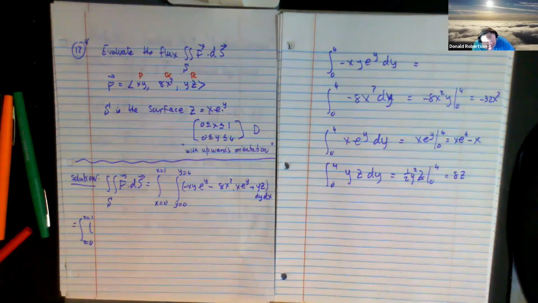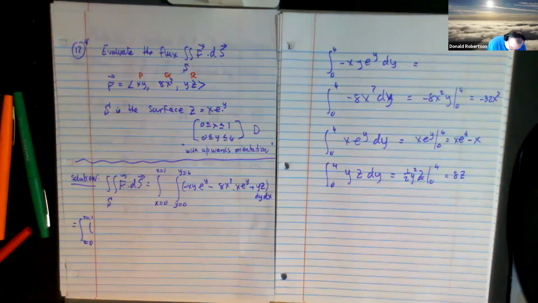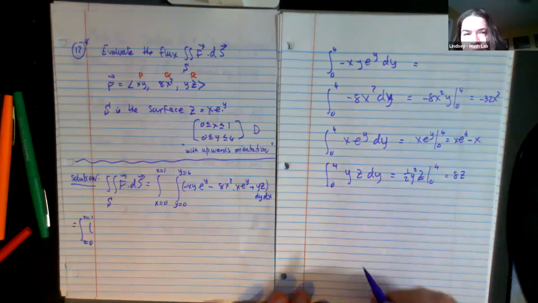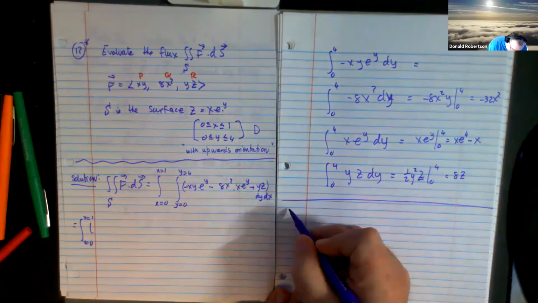The awkward one is this top one, isn't it? What technique will I use to find this fella? Integration by parts. Yeah.